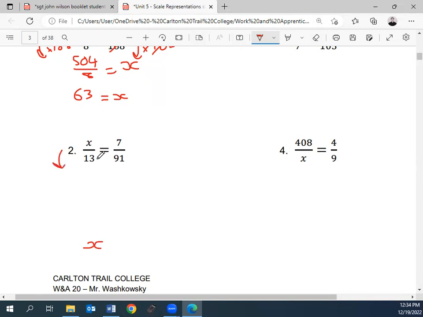Multiplying. So instead of dividing by 13, I'm going to multiply both sides by 13. These two things cancel out, and I'm just left with X by itself on one side. And over here, I have 7 over 91 times 13.